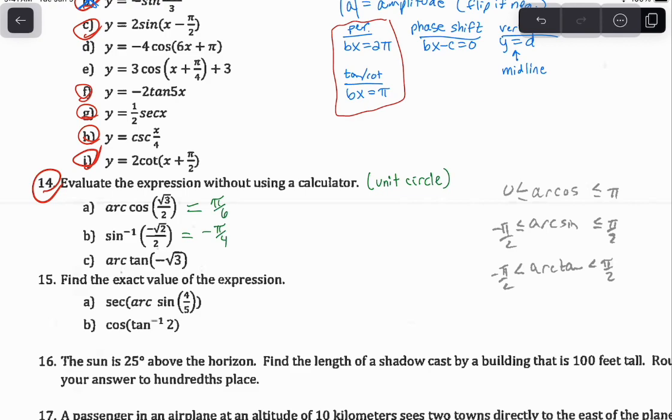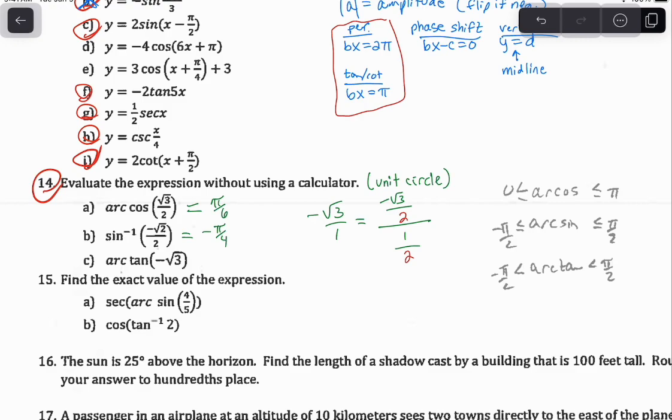Now, let me show you what I do for a tangent, and hopefully this will help you. If I see radical 3, positive or negative, first thing I always do is put it over 1. Next thing I always do is I cheat a little bit, and I think, okay, there had to have been a 2 there that they canceled out, just because I know what values are on our unit circle.